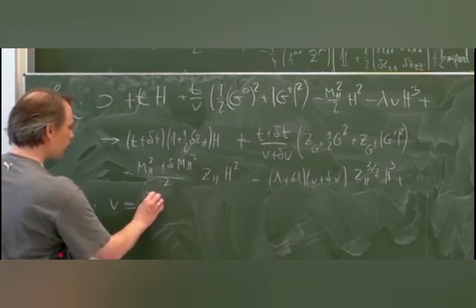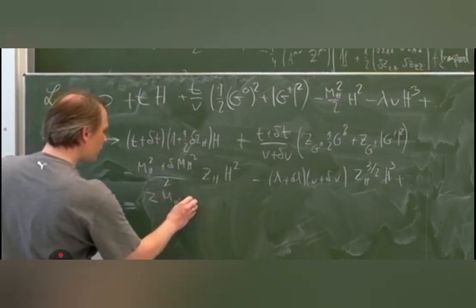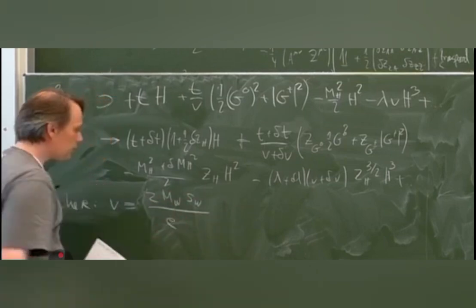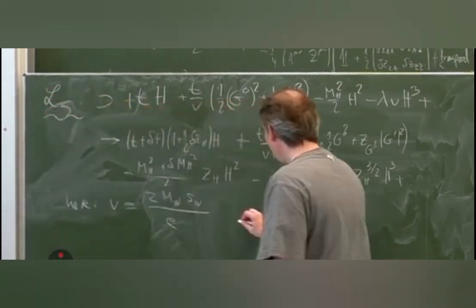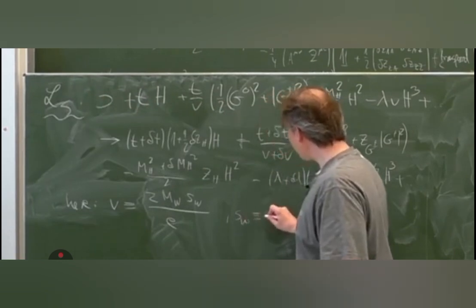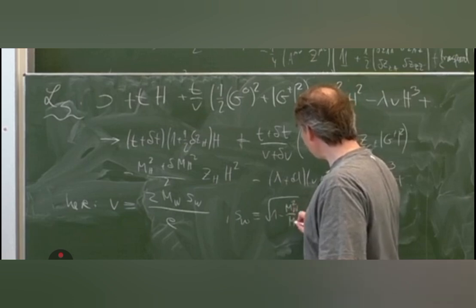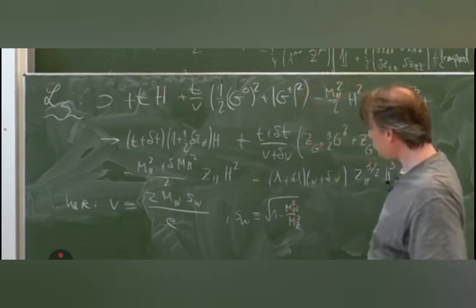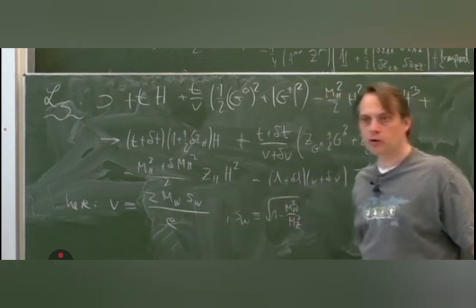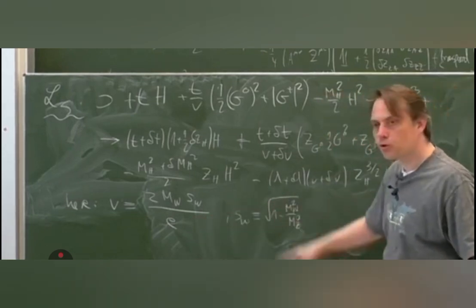V is an abbreviation for 2 times the W mass times the weak mixing angle SW divided by the electron charge. And the SW itself is also an abbreviation for the square root of 1 minus mW square over mZ square, because only mW, mZ and E are fundamental parameters. Everything else is just an abbreviation for those more complicated formulas.